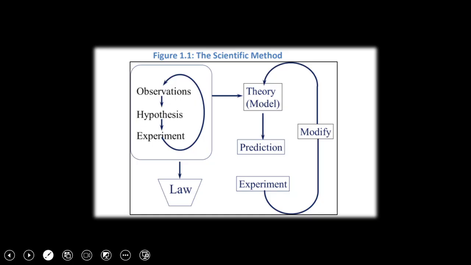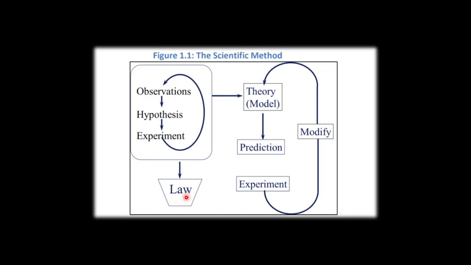So after you know those, we can actually sum everything up into this diagrammatic representation of what the scientific method is. You find that in the scientific method you are making observations and coming up with a hypothesis. You do the experiment, and that will lead to a law.